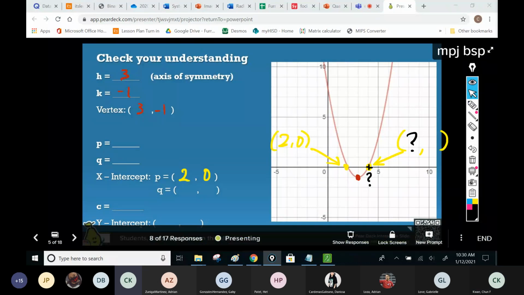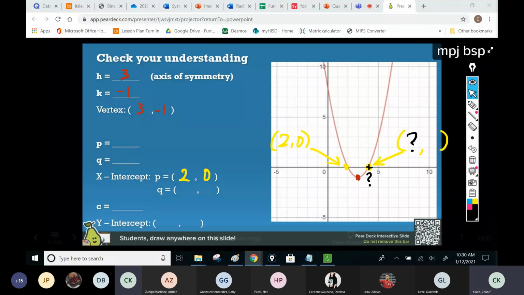That's it, you got it. So that is 4 and 0. P is 2, the Q is 4.